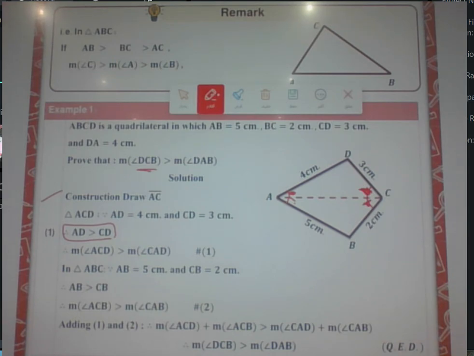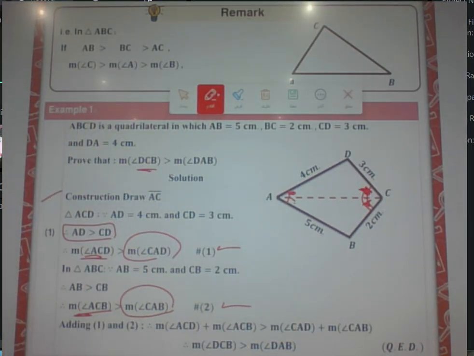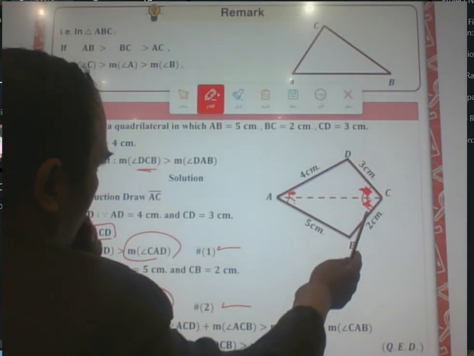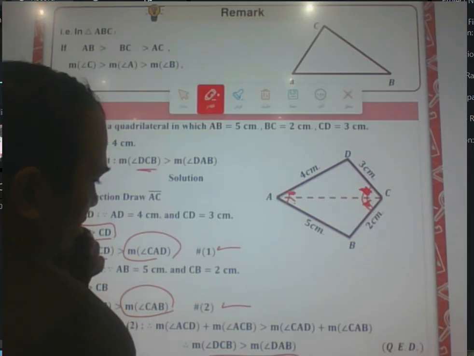Then we can collect the first relation and the second relation together, left hand side with left hand side and right hand side with right hand side. If we add the two angles here, the answer on the right will be the measure of angle DCB, and on the left hand side, the measure of angle DAC plus the measure of angle BAC will give me the measure of angle DAB.